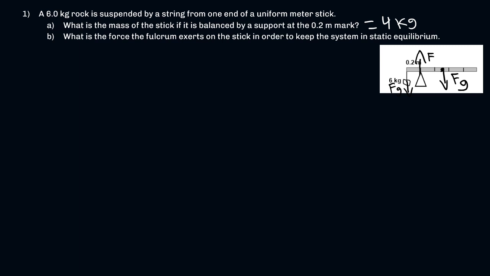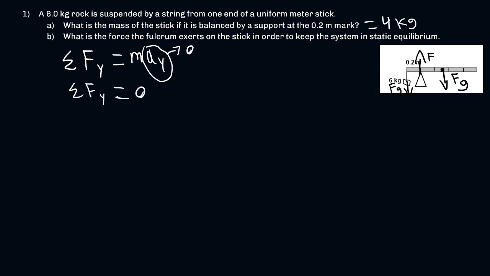So we should have two negative forces, so I'll put F as positive here. The sum of all forces in the y direction equals ma_y. We know if we're in static equilibrium, we're not moving, so that's 0. So the sum of all forces in the y direction is equal to 0.